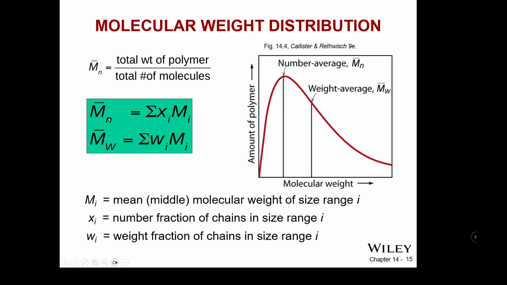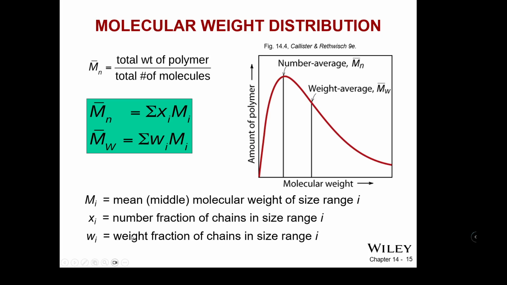So there's a number based, meaning number of molecules, so xi times the masses, and then there's a weight based, weight of the molecule times that specific weight of that specific chain times the mass.